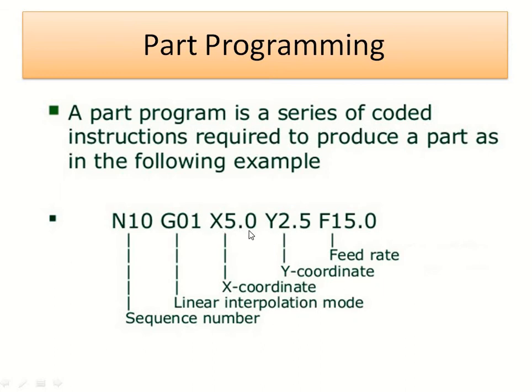We can give two-axis movement at a time, and then the feed, 15.0, represents the feed rate. At the end of the block we use a semicolon. This is one block, and the numbers of blocks represent the programming.